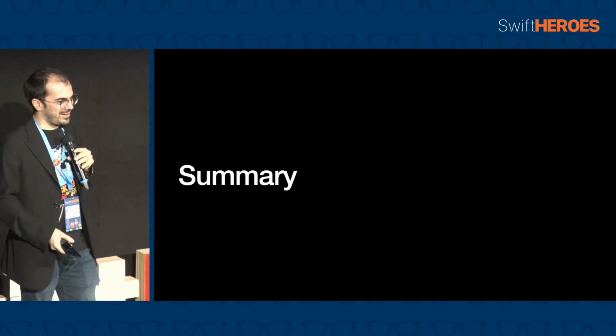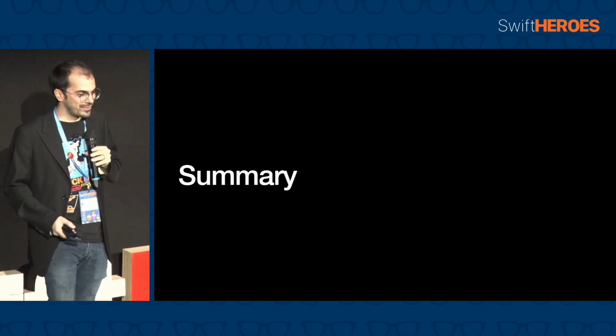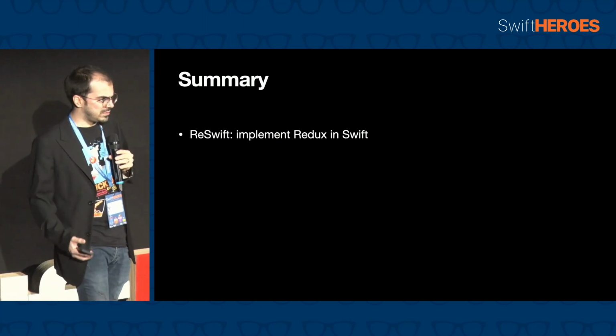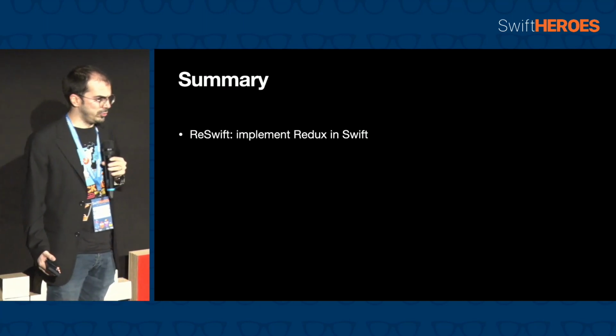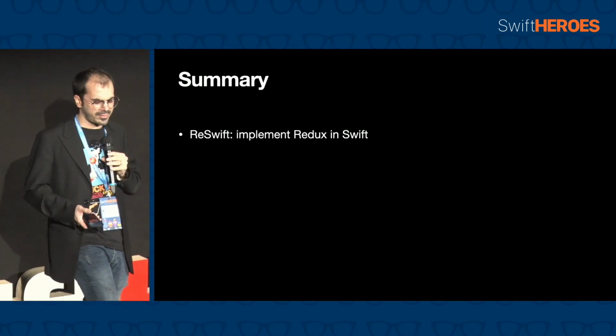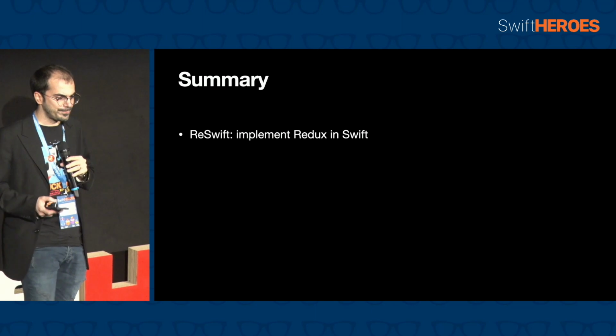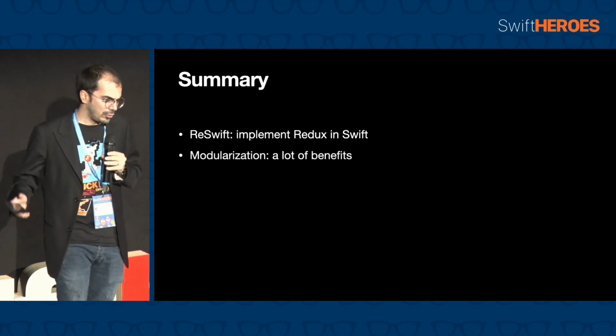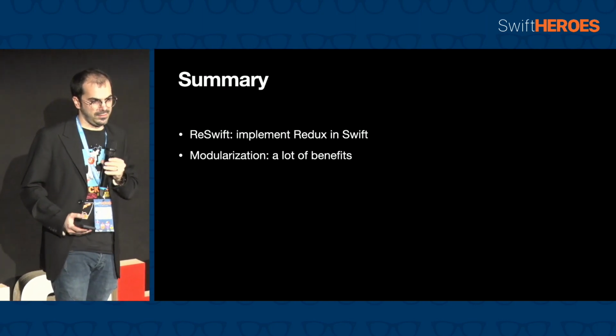So let's go with a summary. What we saw today. We saw ReSwift, the benefits, why we should use it, why we should implement a Redux architecture in ReSwift, and so on. We saw the benefits of modularization, isolation, interchangeability, and so on.